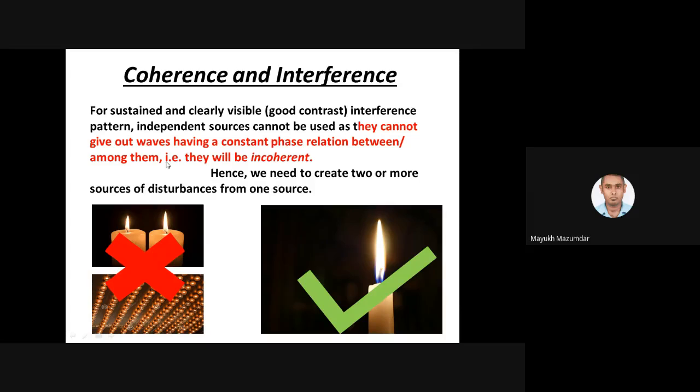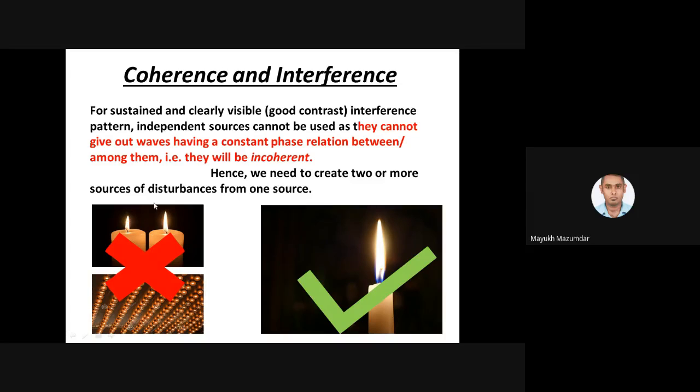So in order to get these two things, we cannot use independent sources of light. That means we cannot use two separate candles. We cannot use two or more separate light bulbs. You might be thinking, I'll just keep these two.